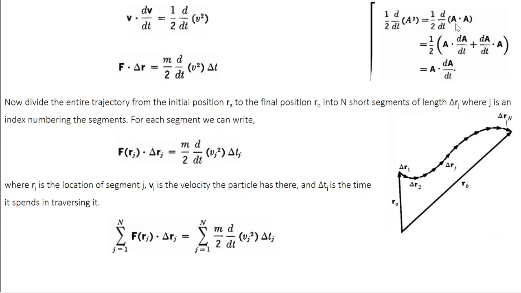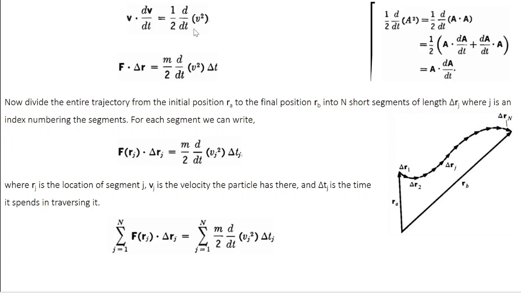How do you find the derivative of a product? First term dot derivative of the second term plus derivative of first term dot the second term, right? So you have half into 2a dot dA by dt, 2 and half cancel, you have a dot dA by dt. So this equation is valid.